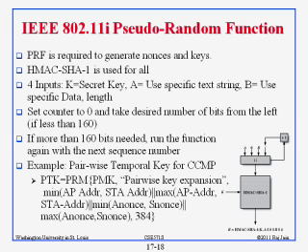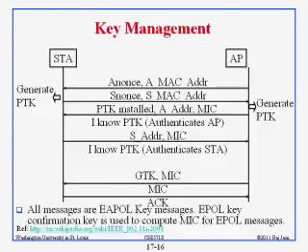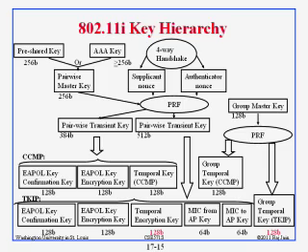Alright, so I was wrong there. So this is the length of the output, not the length of the use specific data. The length of the output is 384. For CCMP we need 384 bit key. Notice that 128 plus 128 plus 128 is 384.